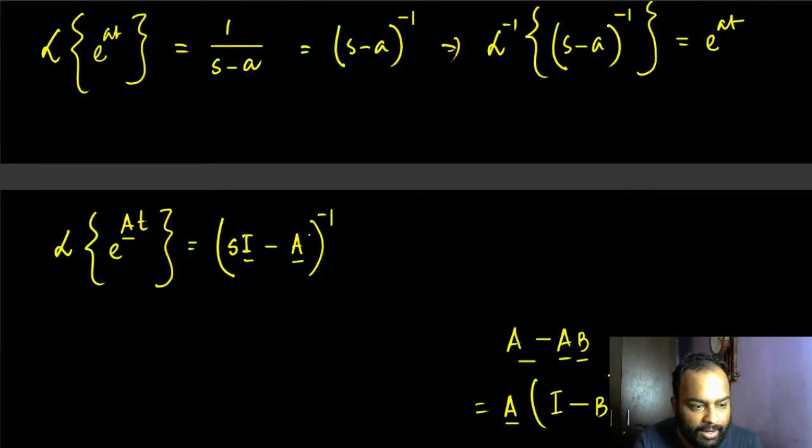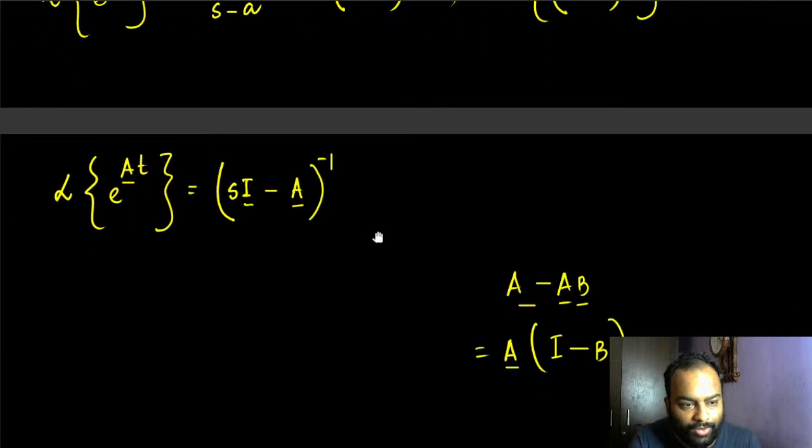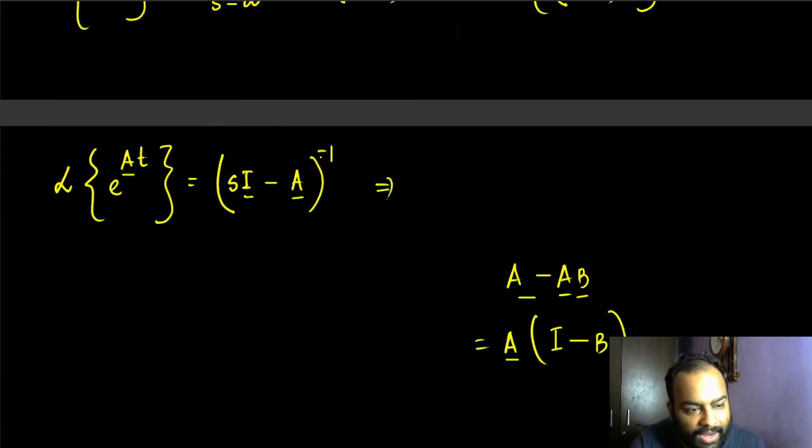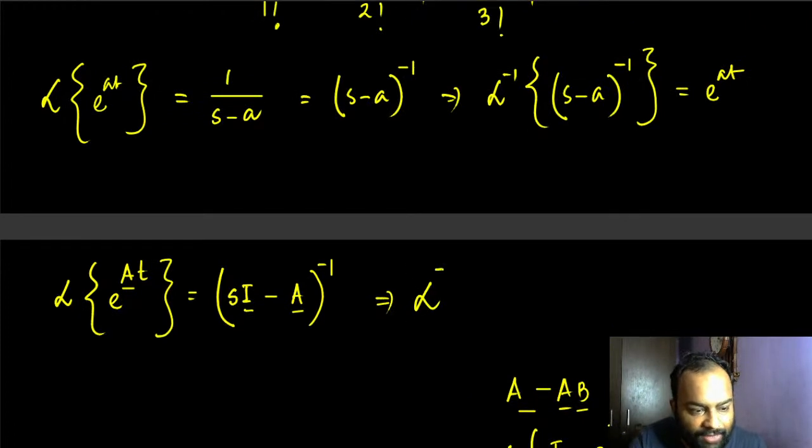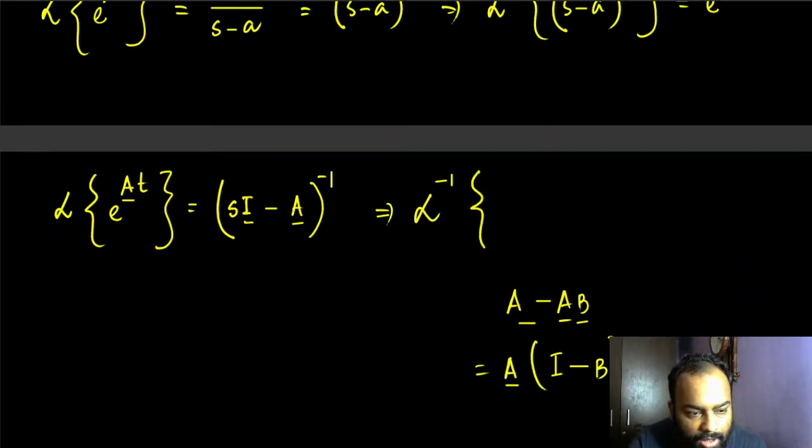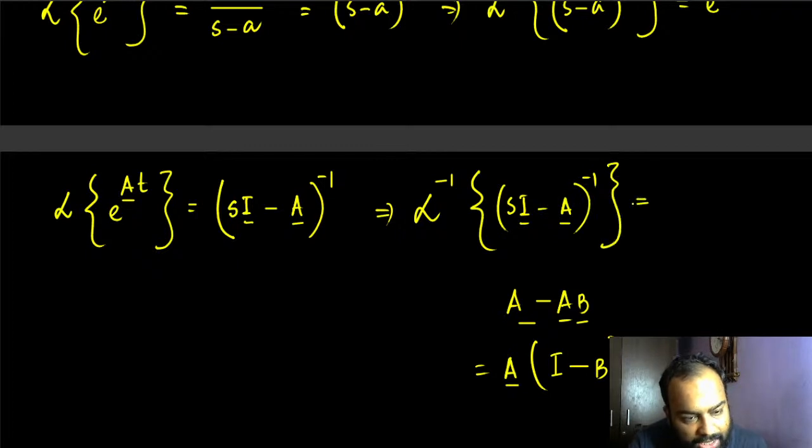Once we have that, the inverse Laplace transform of sI minus A whole inverse is equal to e to the power At. That is exactly how we are going to approach this problem.